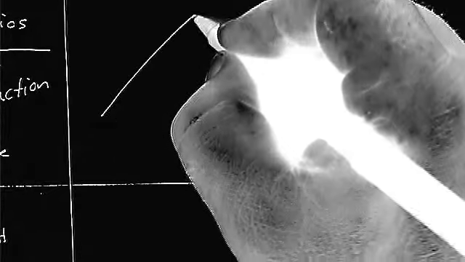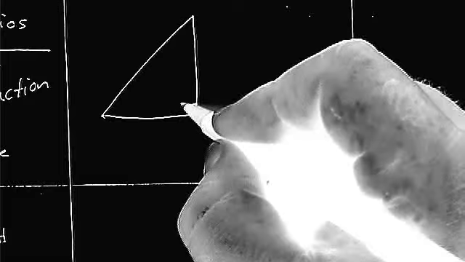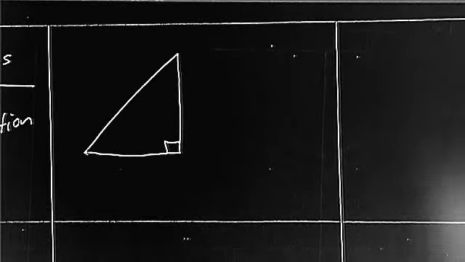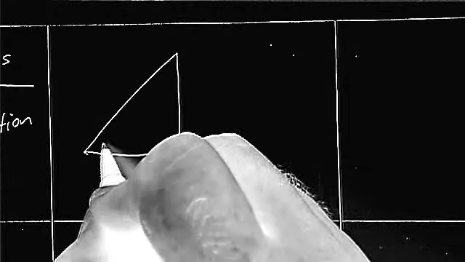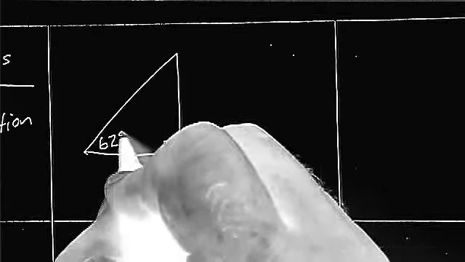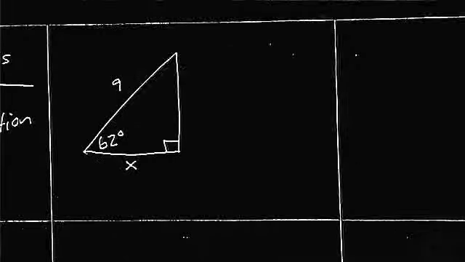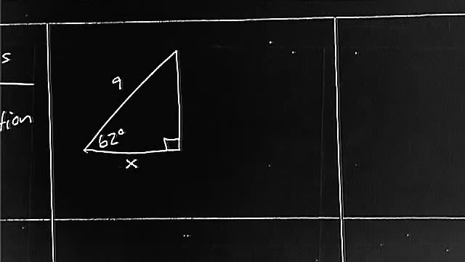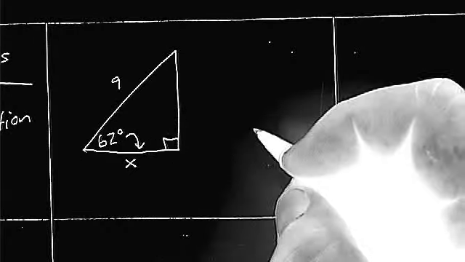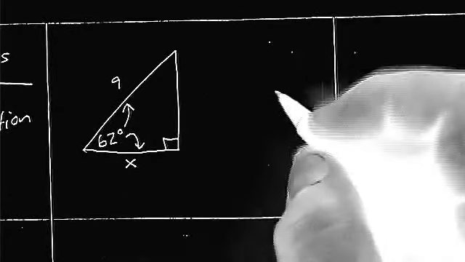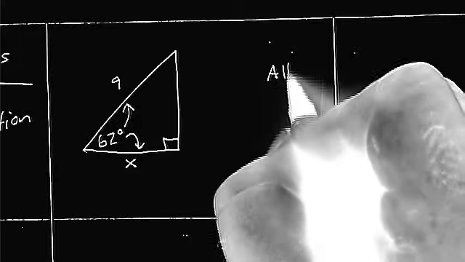So each time I'm looking at these situations, I'm trying to understand what type of right triangle I am dealing with. If I have a 62-degree angle and I'm looking for this side, and I know this side is 9, which of the 3 trig functions am I dealing with? Well, I'm looking for the adjacent side. I have the hypotenuse. Which one of those is adjacent over hypotenuse?